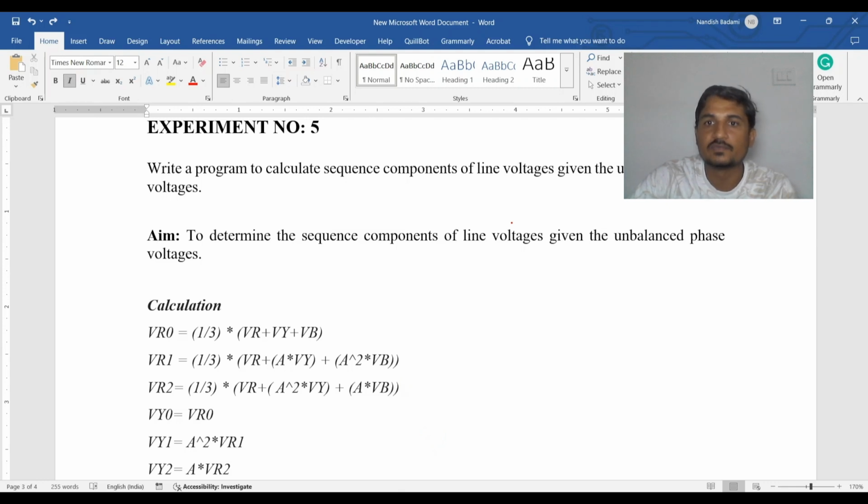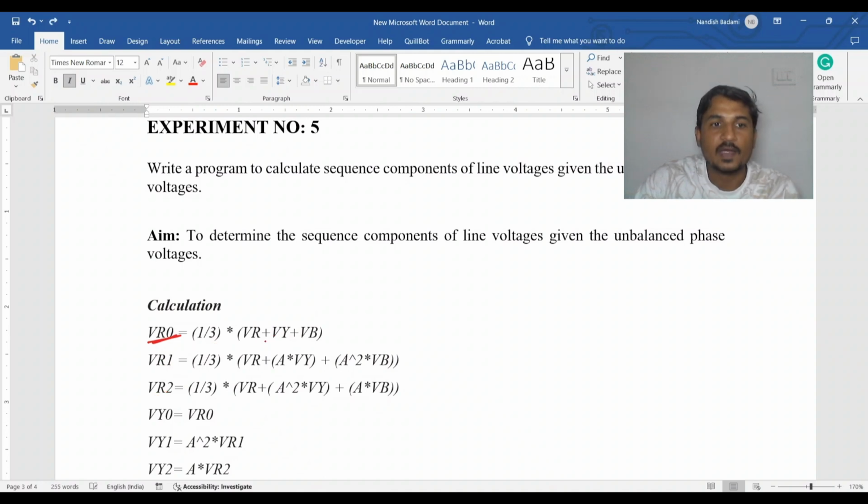Let us start with the R phase sequence component calculation. Here we have the calculation part. V0, where 0 represents the zero sequence and R represents the R phase sequence voltage. Similarly, VR1 means positive sequence voltage and VR2 is the negative sequence voltage. The zero sequence voltage for R phase is given by 1 by 3 times VR plus VY plus VB.